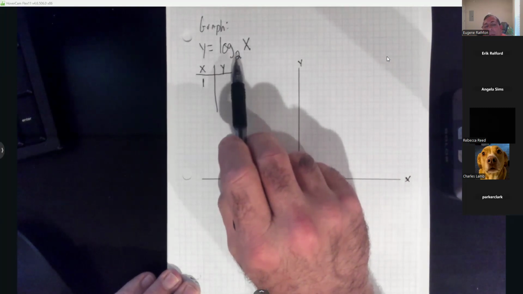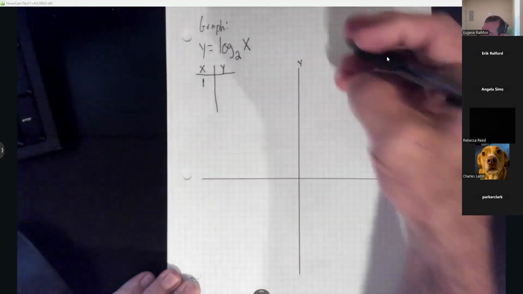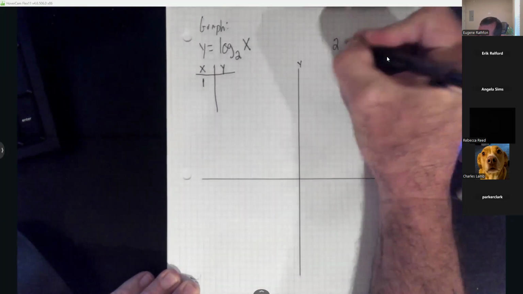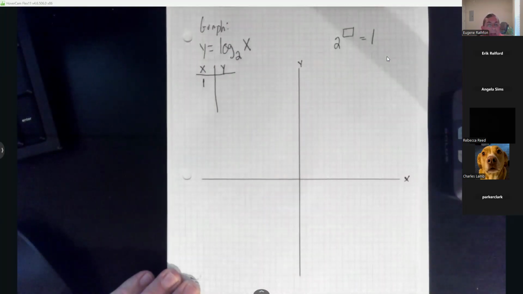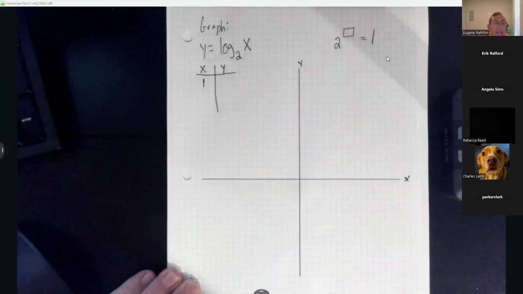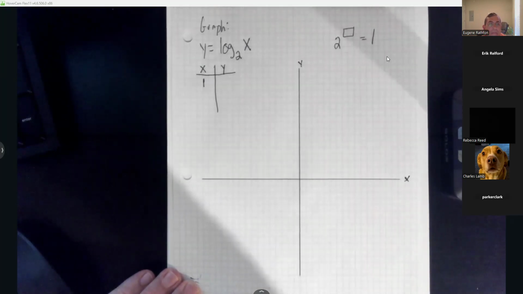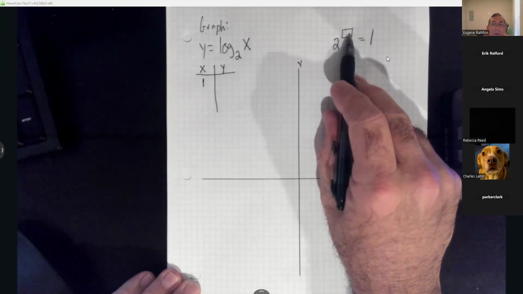Now, what exponent would you raise a 2 to make it equal 1? So that's like this. 2 to some exponent is going to equal 1. There's only one exponent that can do that. And it can do it to any number we learn. And that exponent would be 0.